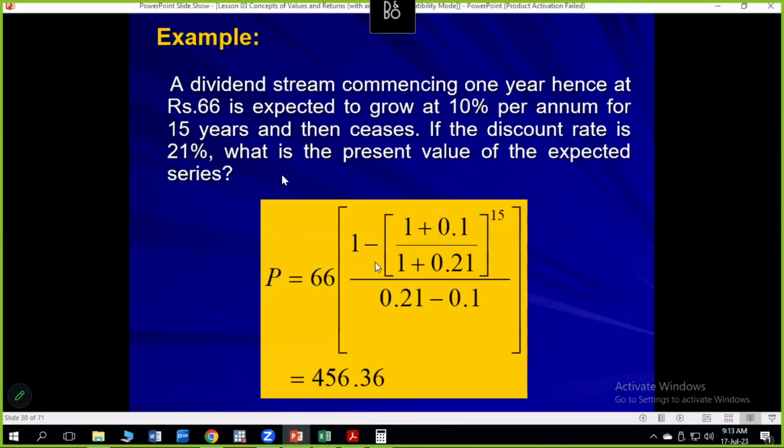It is simple: you substitute all these values and using a calculator you check that this amount, 456.38, is coming out.